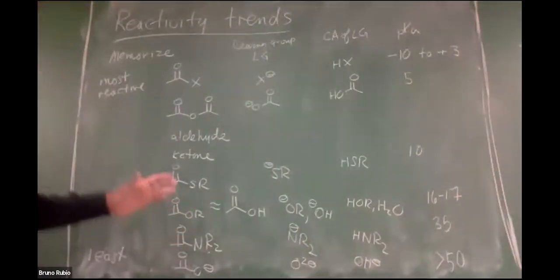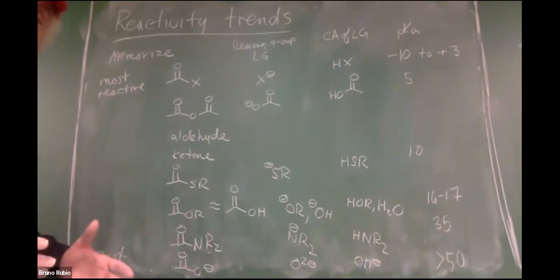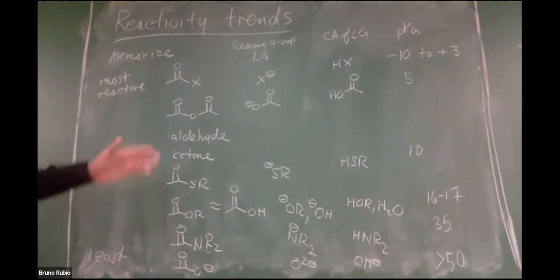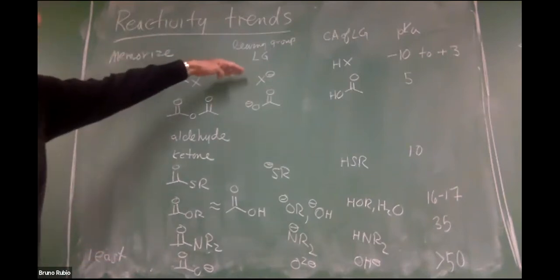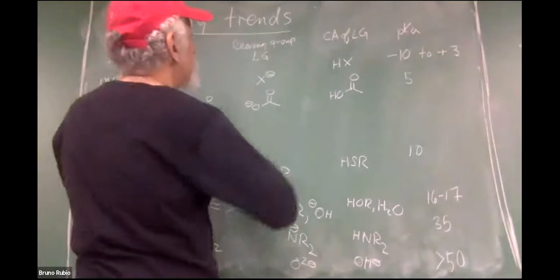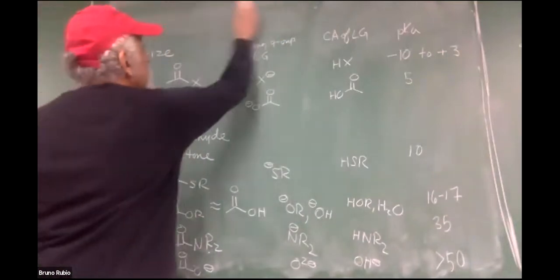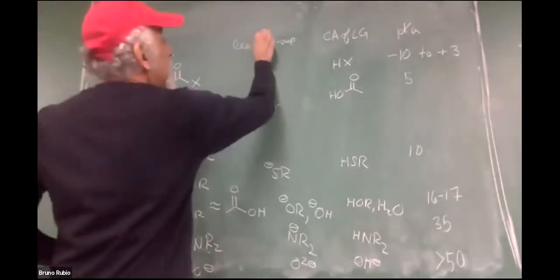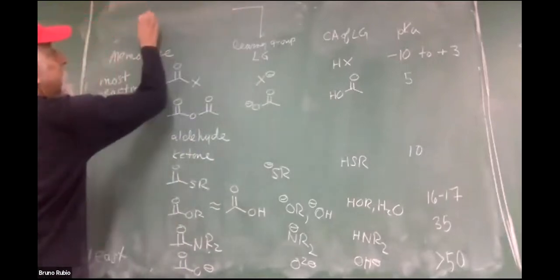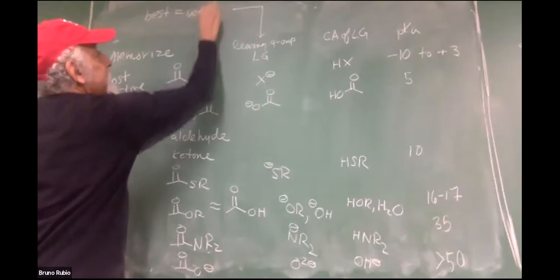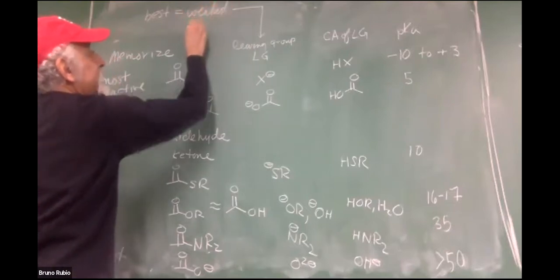Okay, and so what we see here is the explanation for this between-group reactivity trend. It turns out that the best leaving groups, the most reactive leaving groups, are the weakest bases.